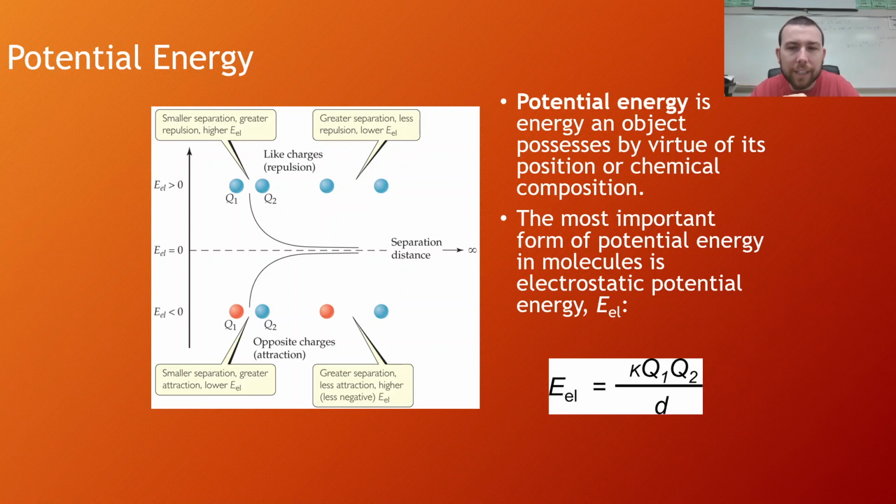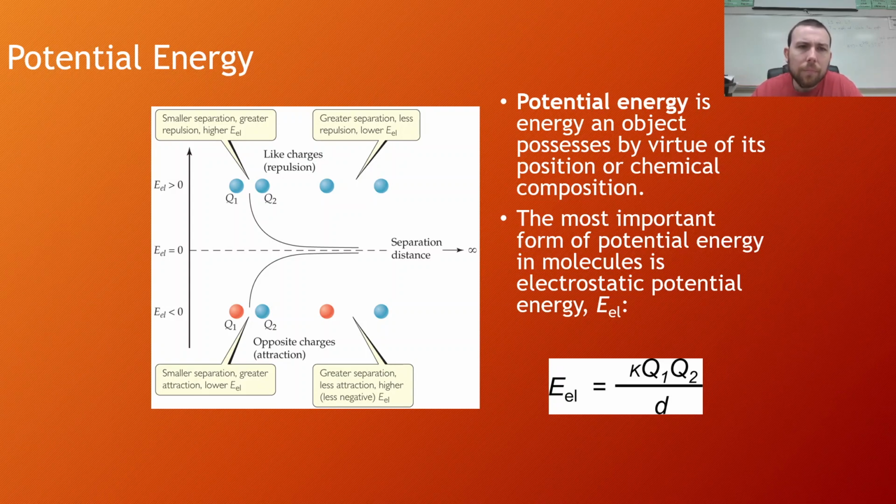That's E electric, which is equal to K times Q1 times Q2 over D. K is a constant, Q1 and Q2 are the charges of the objects, and D is the distance separating those two objects.